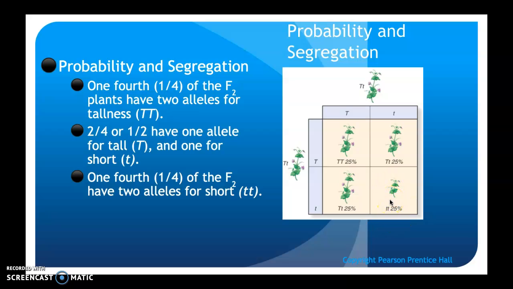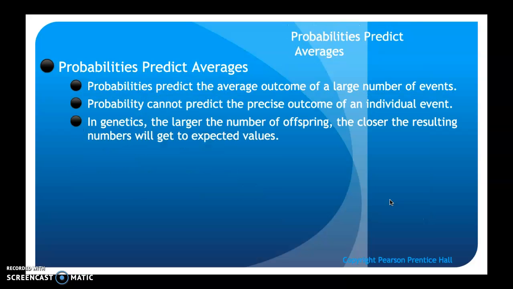So what we can say here is that 1 out of 4, or 25%, would be short. 3 out of 4 would be tall. 1 out of 4 would be homozygous dominant. 2 out of 4 would be heterozygous. Take some time to look at this, but if it's confusing, we're going to practice this a lot, so don't stress out.